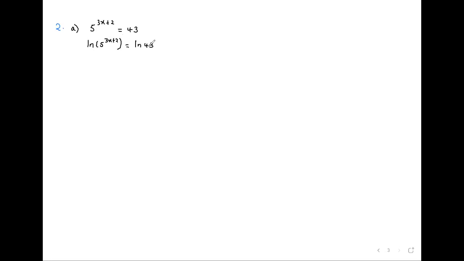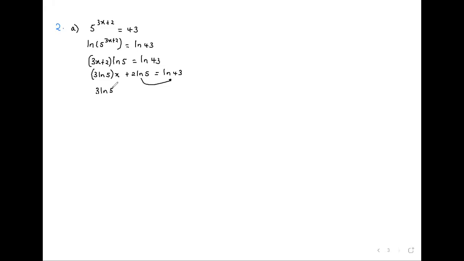What will happen is that the power now will drop. You have this, leaving you with (3x plus 2) ln 5 is equal to ln 43. Immediately you can decide to divide, or first you can expand. You have 3 ln 5 acting as the coefficient of x plus 2 ln 5 is equal to ln 43. Take this to the other side because it's a constant.